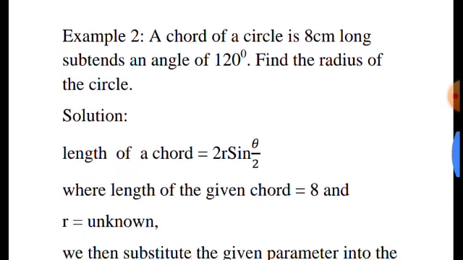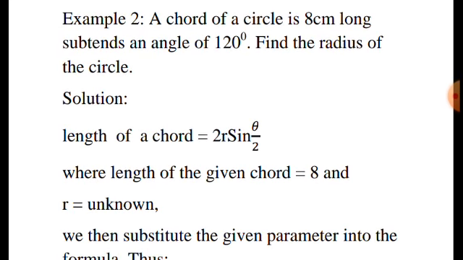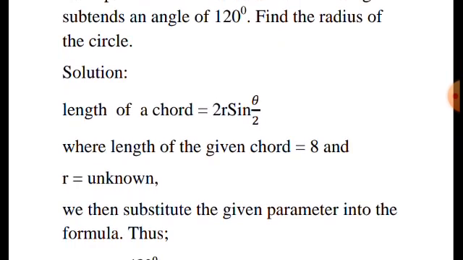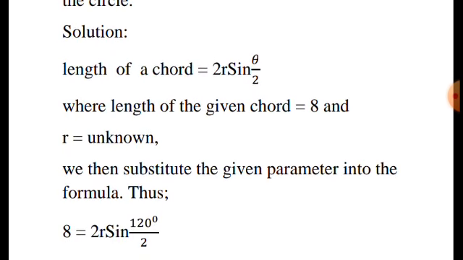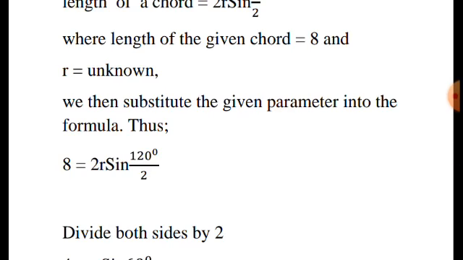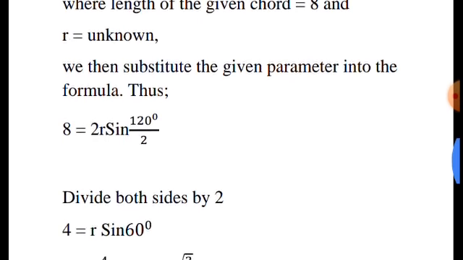So we now substitute the given parameters into the formula. Thus, we will have 8 equals 2r sine 120 degrees over 2. So when you divide both sides by 2, you're going to have 4 equals r sine theta. Now don't forget that we are looking for r. So make r the subject of the formula.